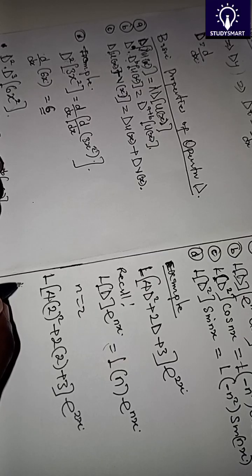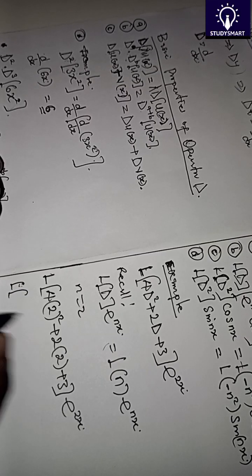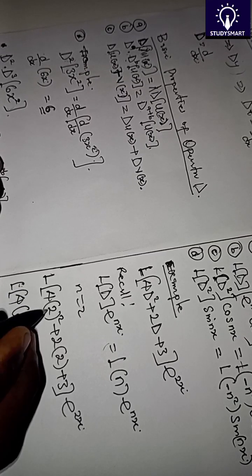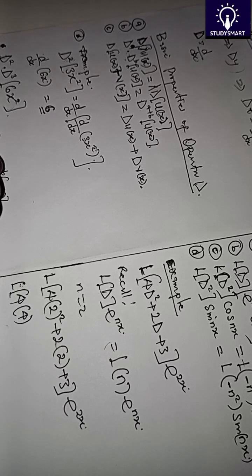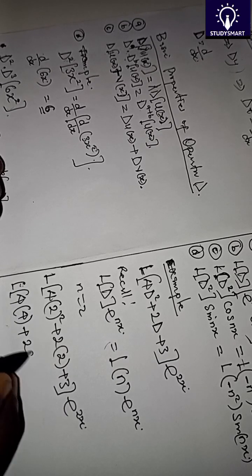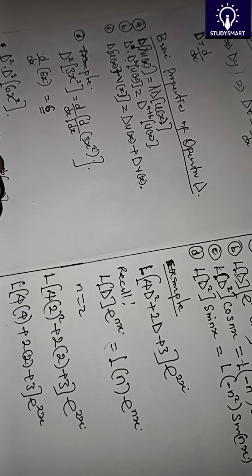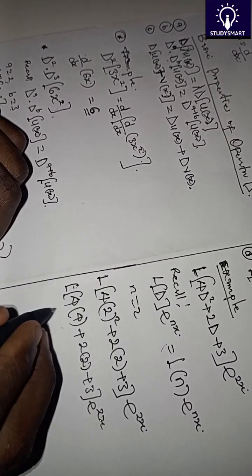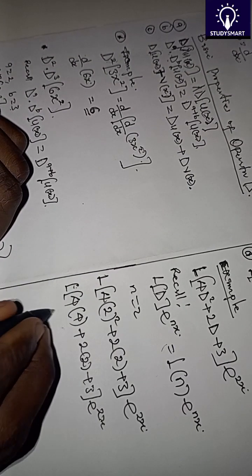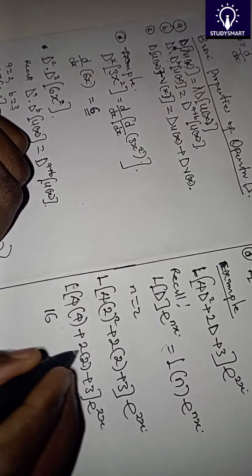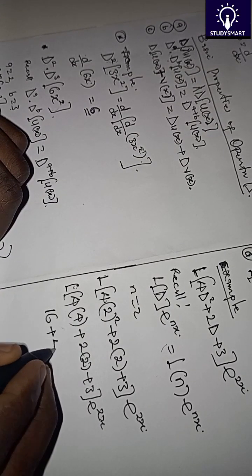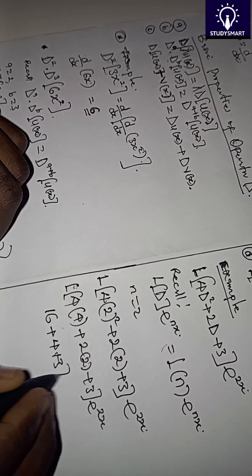So this becomes L into 4 times 4, which is 16, plus 2 times 2, which is 4, plus 3.